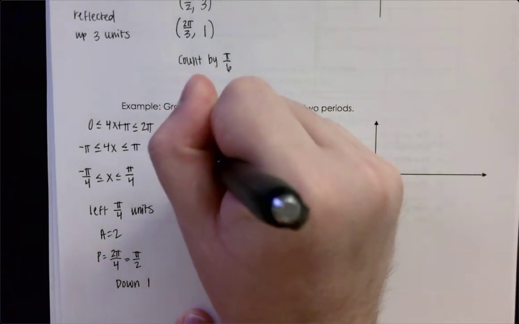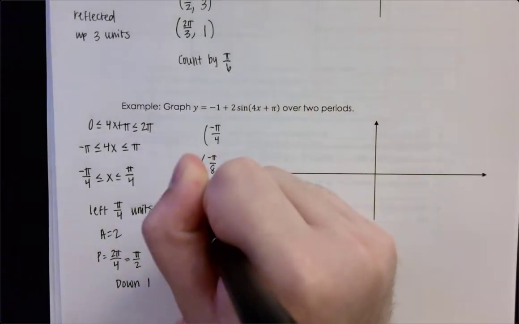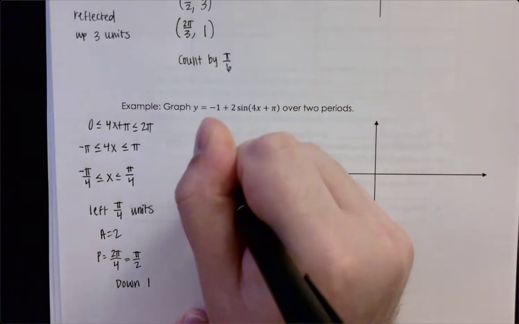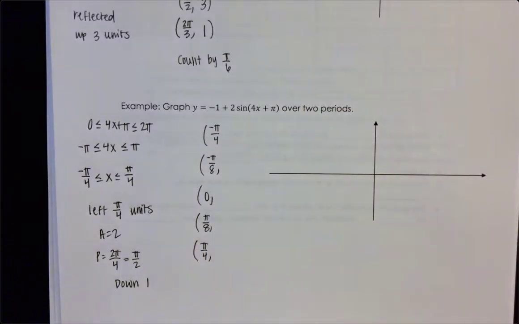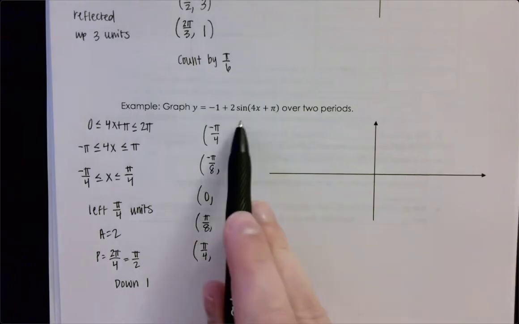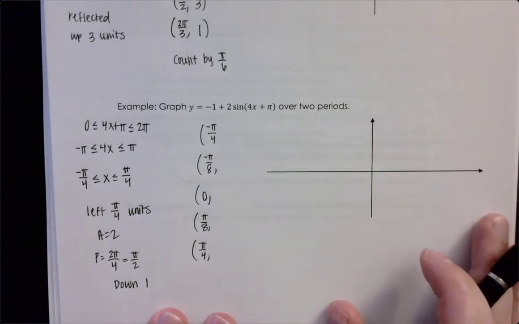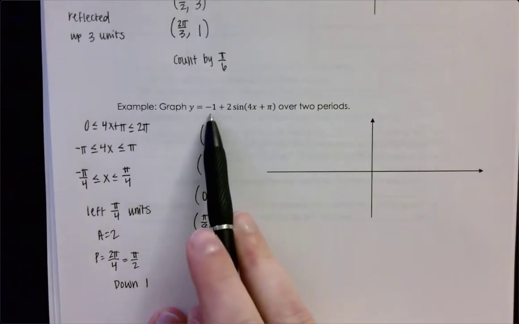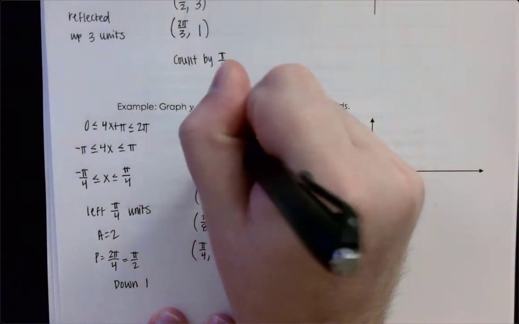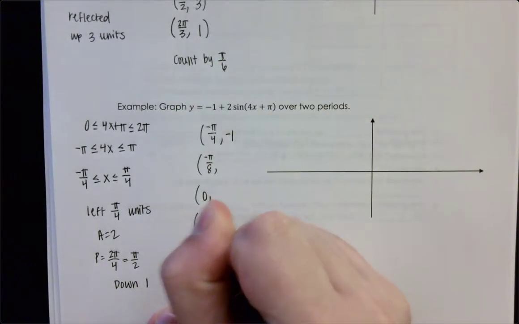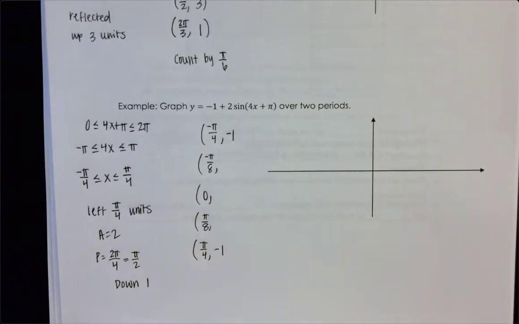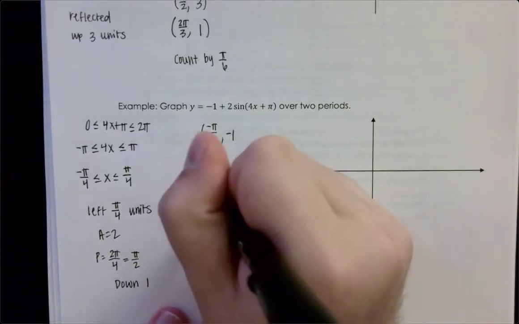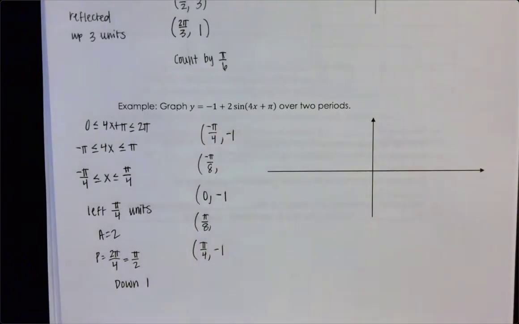We'll have negative pi over 8, positive pi over 8. Okay, sine starts at 0, but it's been shifted down 1. Ends at 0, but it's been shifted down 1. Halfway in between is 0, but it's been shifted down 1.